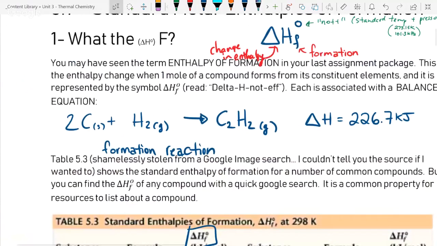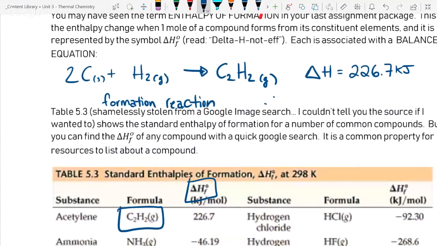When I'm putting it next to this equation, how much of this have I made? 1 mole. So it's just 226.7 kilojoules. Does that make sense? We could then say, therefore, the delta H naught F of C2H2 is 226.7 kilojoules per mole.